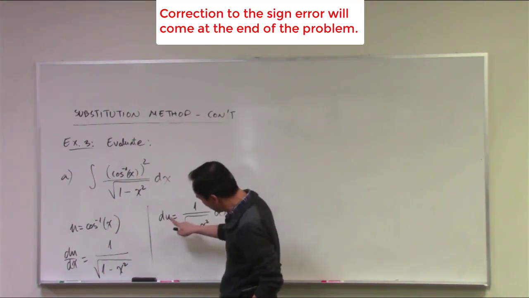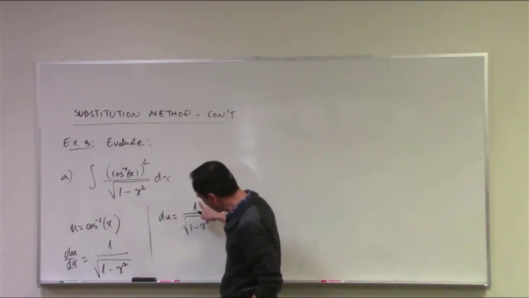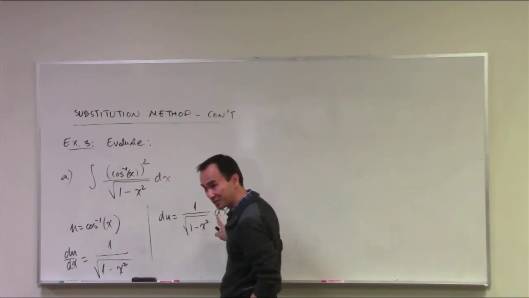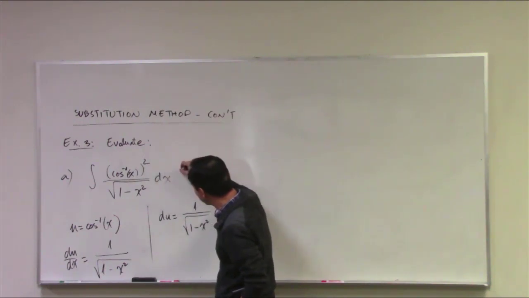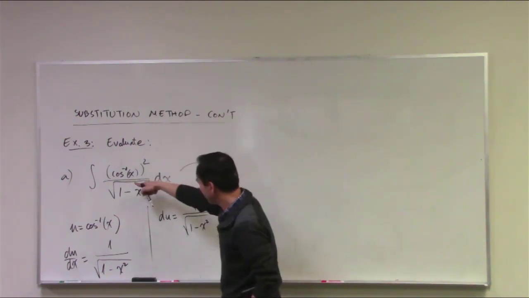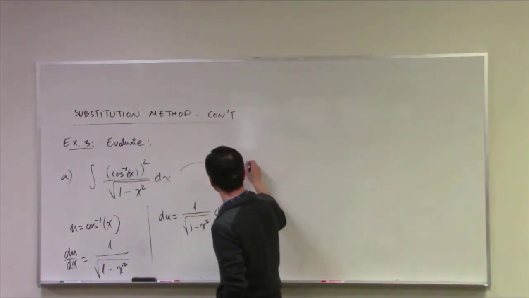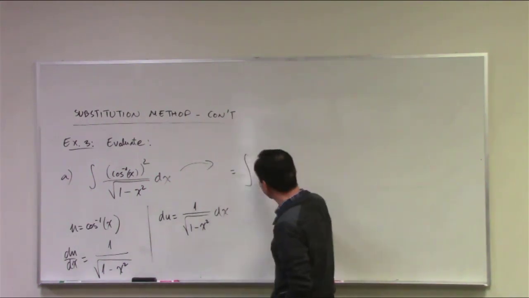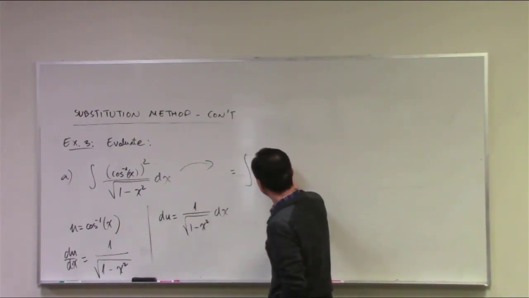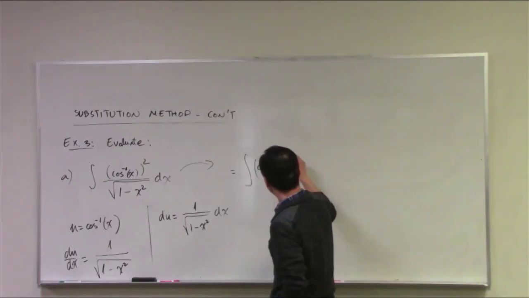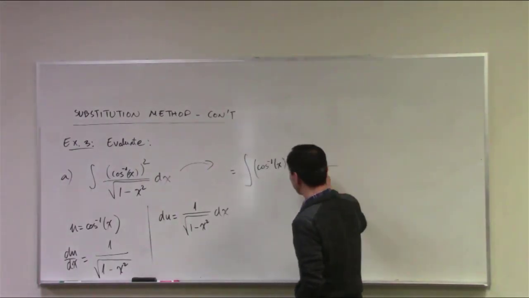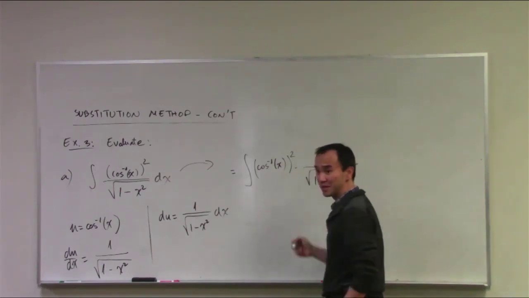Here you can see du equals 1 over the square root of 1 minus x squared times dx. You can start substituting already, because in your problem, think of the integral as following. You can rewrite it, just rearranging: it's cosine inverse of x, all squared, times 1 over square root of 1 minus x squared dx. So you see what I'm doing there?